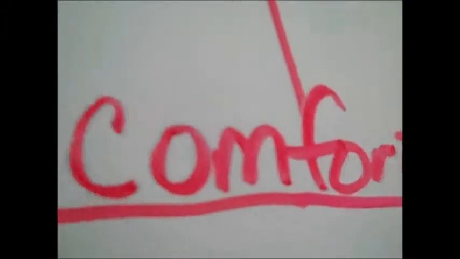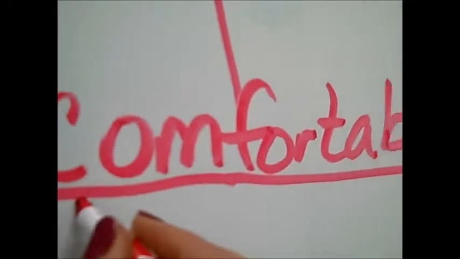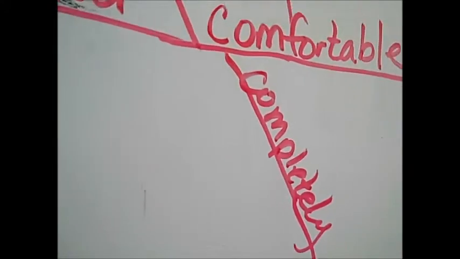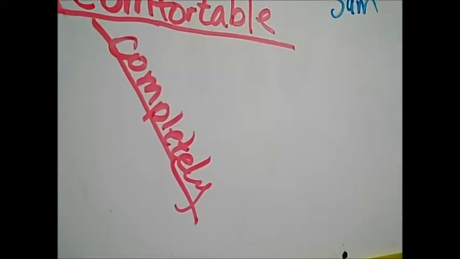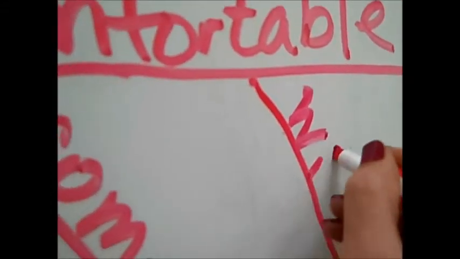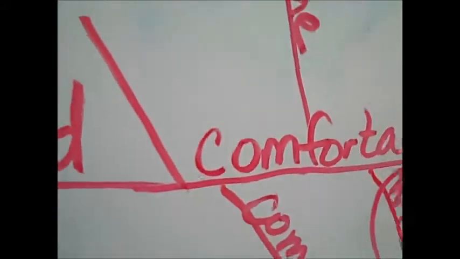Comfortable. How comfortable? Telling us more about how they seemed. Completely. This is an adverb telling us more about comfortable. And comfortable with me. With is a preposition. We know that this is a prepositional phrase. Who are they comfortable with? With me. It's telling us more about this word comfortable. So it's acting as an adverb prepositional phrase, modifying our adjective. This is how this sentence looks.